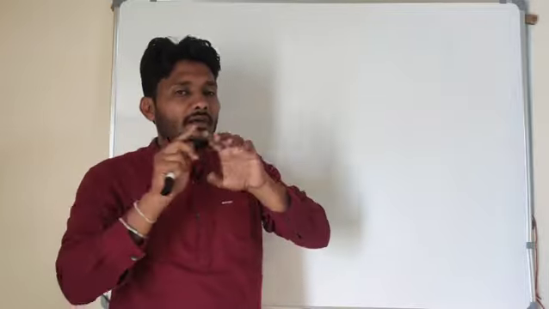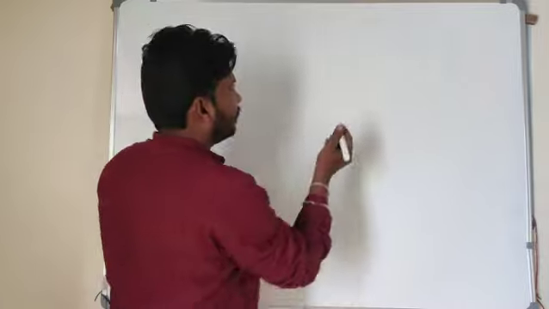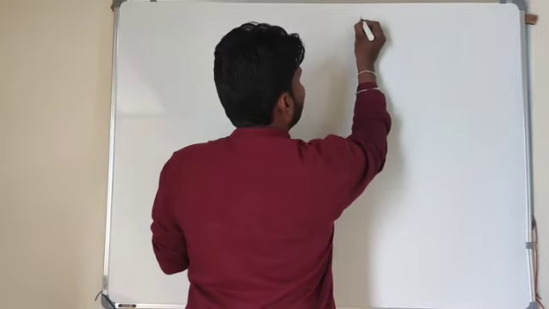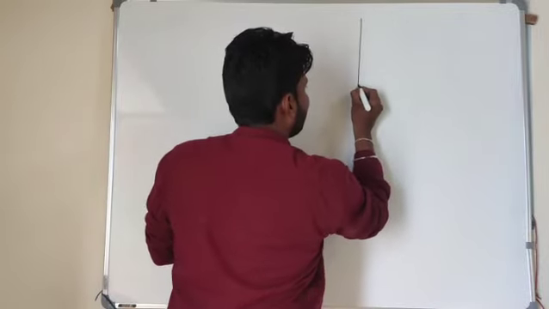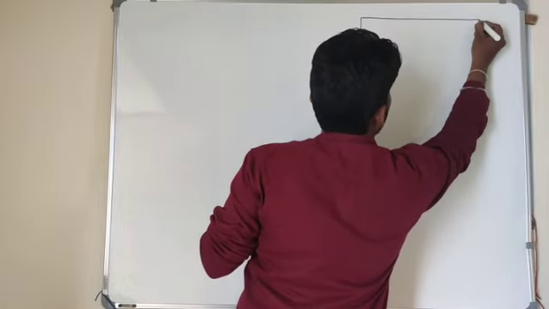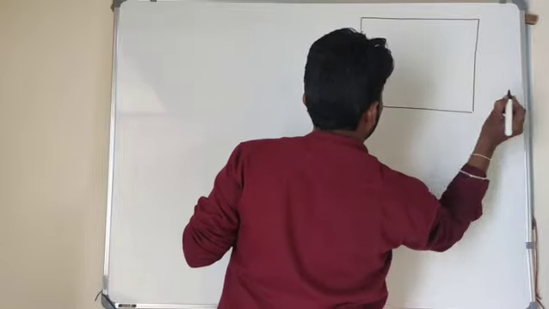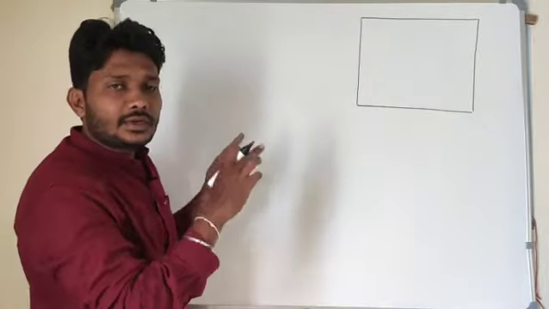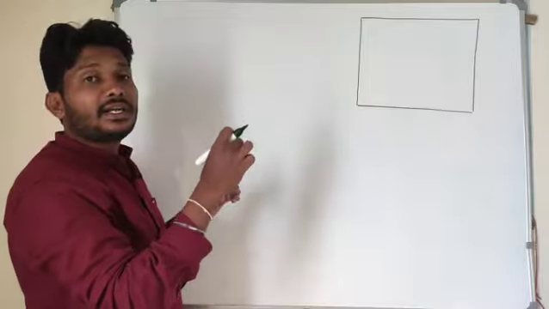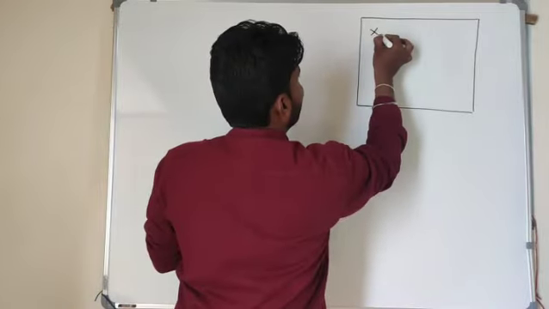Look here. Let me create one uniform magnetic field region. In this uniform magnetic field region, I will represent the magnetic field by the cross symbol here.